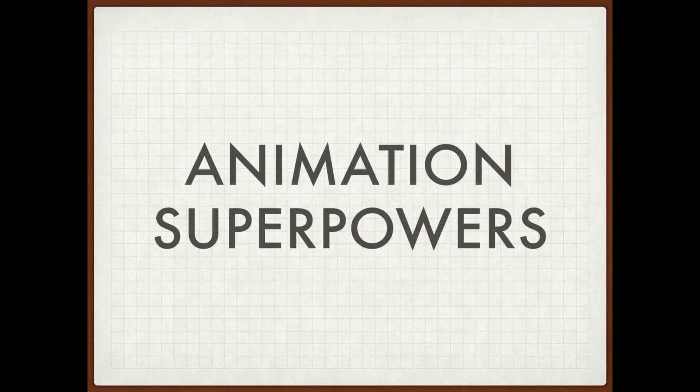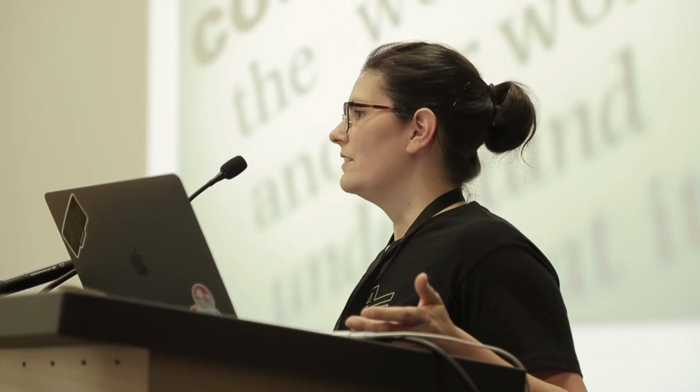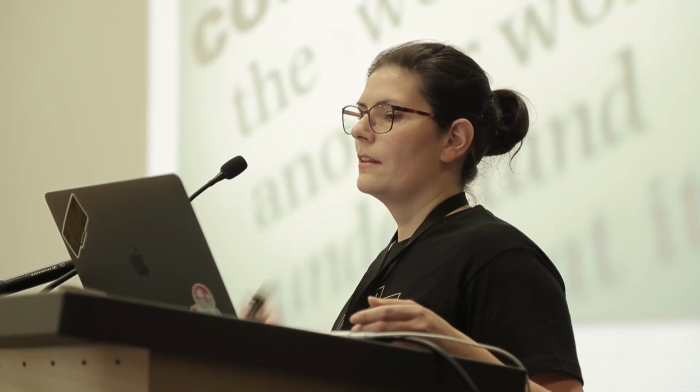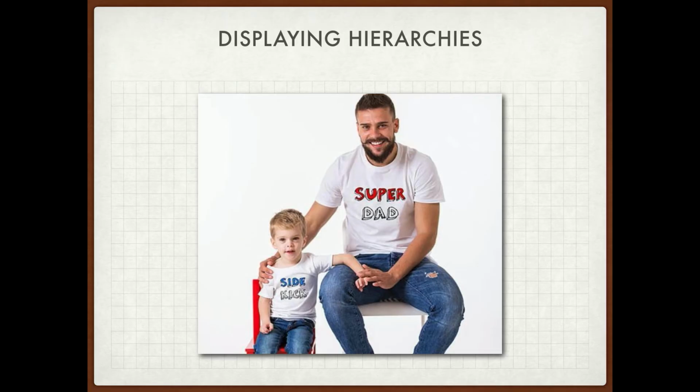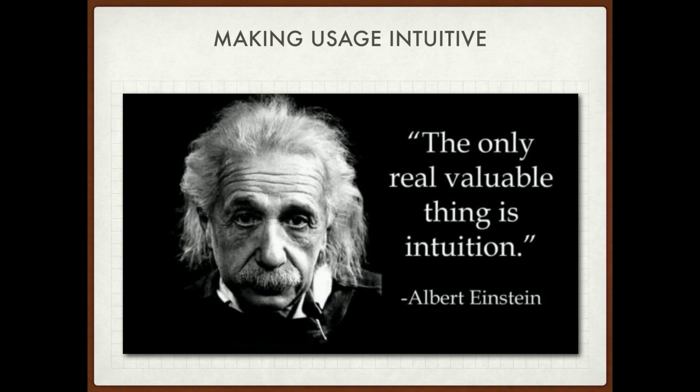So, I present to you the animation superpowers. They make context clear. They display hierarchies. You can see which element is the hero of the day, who's the sidekick. And they make the usage intuitive. Yay, I did it.